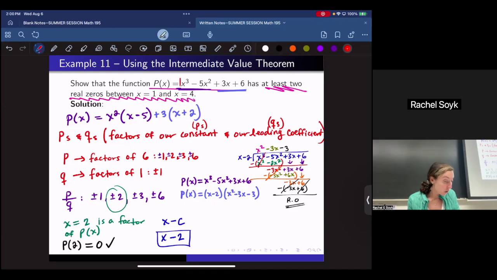So we know for a fact that 2 is a factor, one of the real zeros between x equals 1 and 4, right? Because 2 falls between 1 and 4 on a number line.